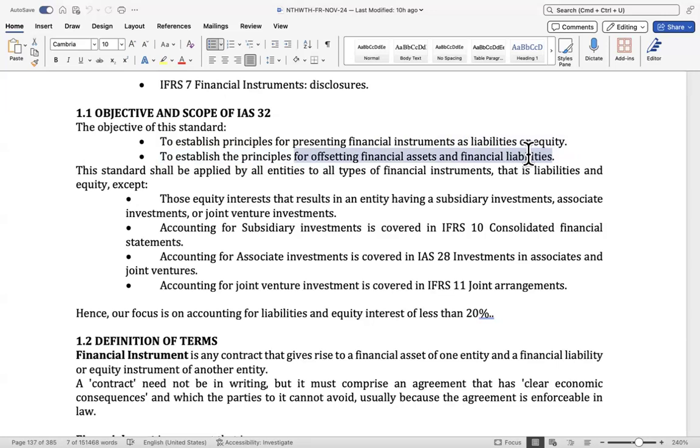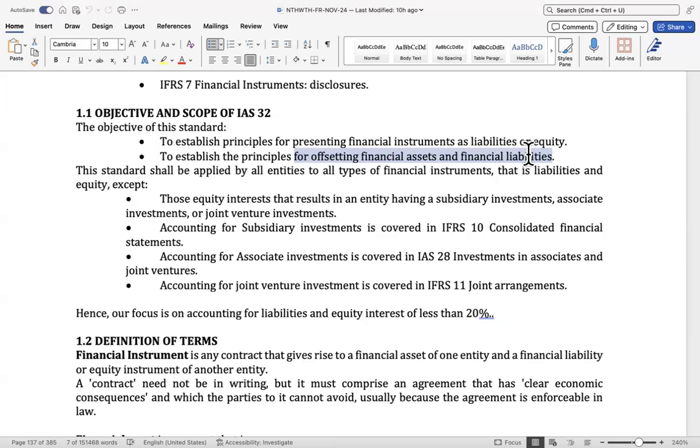Everything I'll be teaching you here today, you need to be able to draw a line of distinction between this and what Mr. Kazim is teaching you on group accounts. Because group accounts is also about investment. It's actually financial instrument also: one company investing in another, buying shares, right?